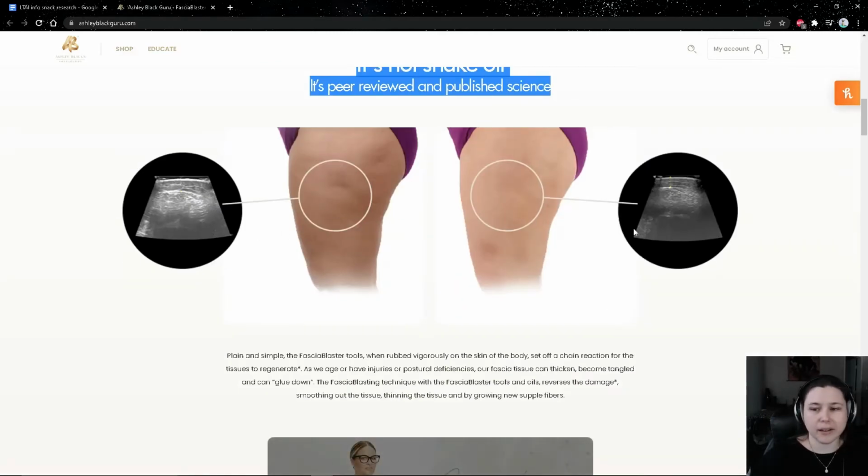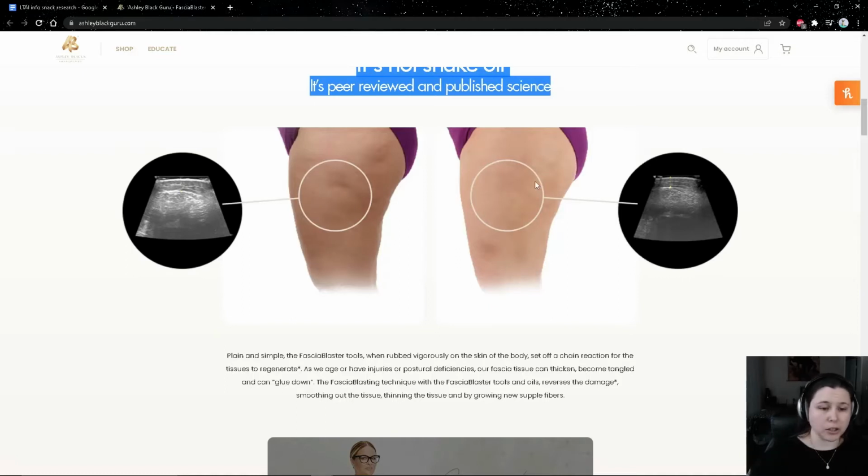Here's some of that ultrasound imaging that can show you some of the fascial layers. So this here, where there's that really thick white line, that's an example of what could be fascial matting. And then here you can see how reduced that is, where those hot white spots all through here greatly reduce in the after image, so you can see what the before and after results look like.